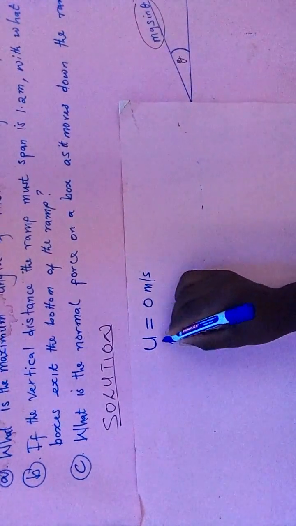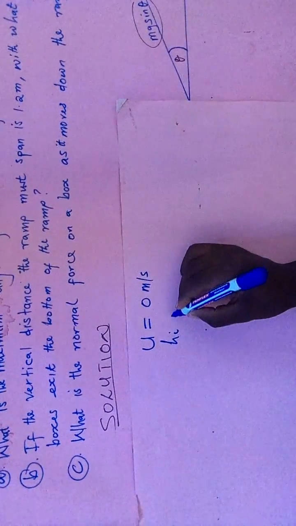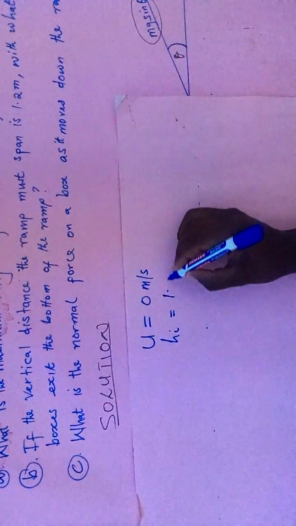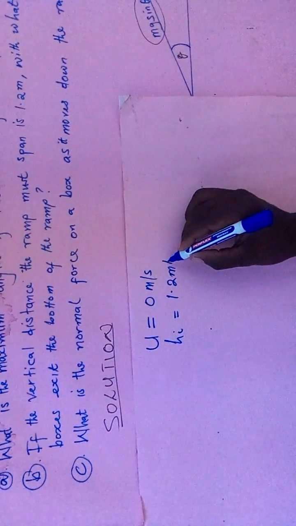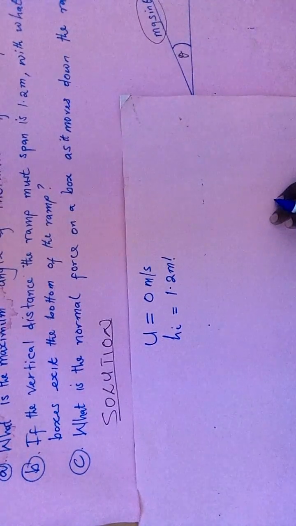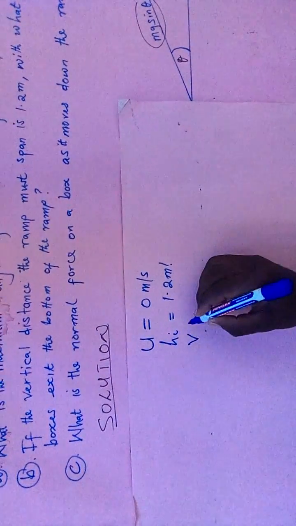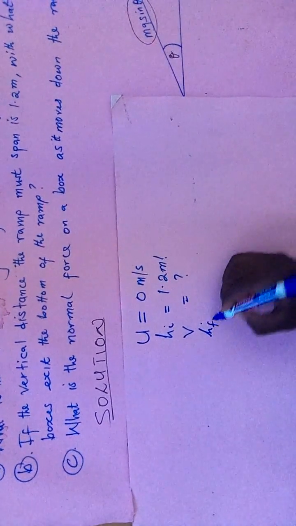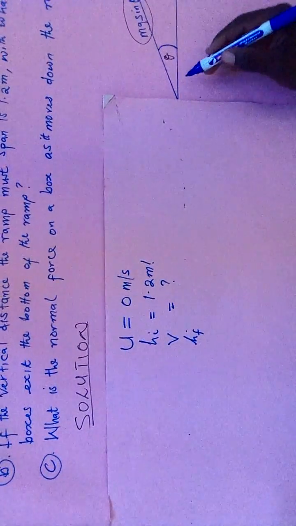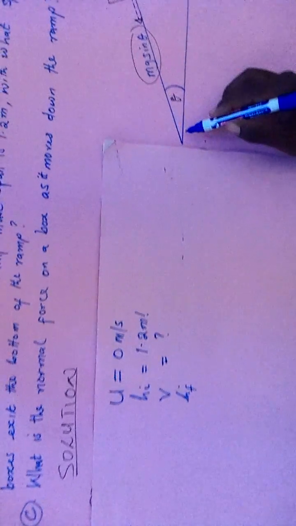and the initial height is 1.2 meters. And then what is the final velocity? That's what we are looking for. And the final height, if this is the horizontal and it's our reference point, means this is 0.